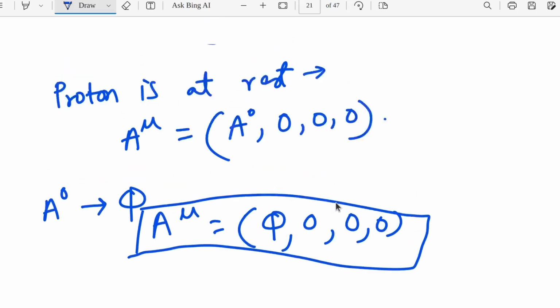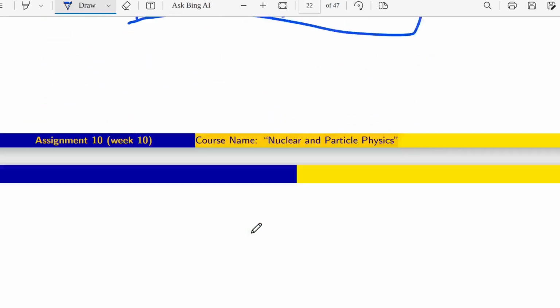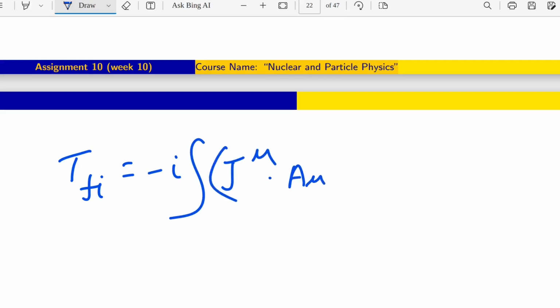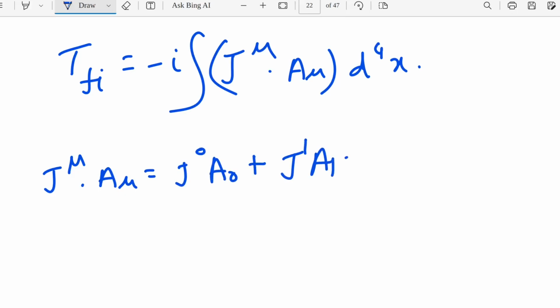Now if I put this A mu expression with that J mu value, then what will be the answer here? T f i equals to minus i integration J mu dot A mu d4x. Now see, J mu dot A mu can be written as J0 A0 plus J1 A1 plus J2 A2 plus J3 A3, right?